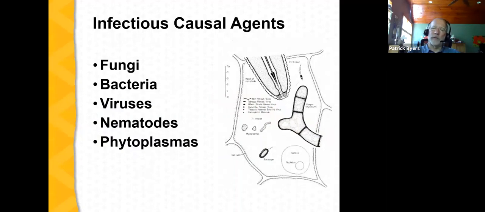That would be a relative scale of the size of part of a fungal body compared to the size of a plant cell. The small oval, down towards the lower left of the plant cell, is a bacteria. You notice the bacteria are considerably smaller than fungi, and they frequently move around by what are called flagellae. You can see that filament extending beyond the body of the bacteria that whips around, and that helps propel the bacteria.